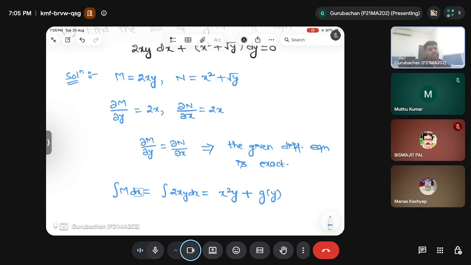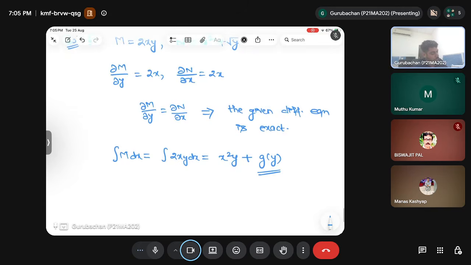If you differentiate any equation partially with respect to x, y will be treated as constant, so it will become 0. Now you know that your f will look like this.